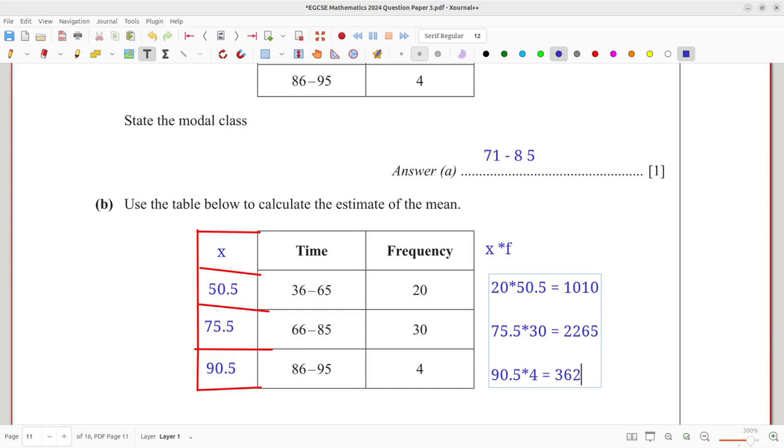All right. Then let's find the sums. Sum of the frequency, that's 54. Then the sum for this one, it's 1010 plus 2265 plus 362, 3637.